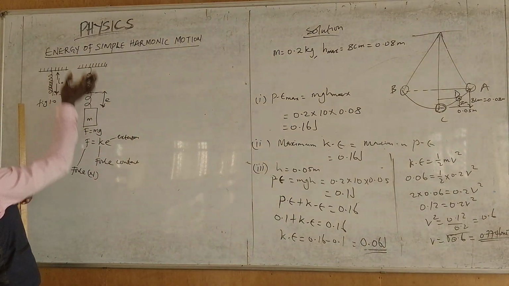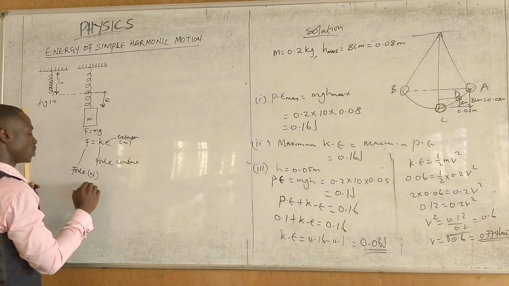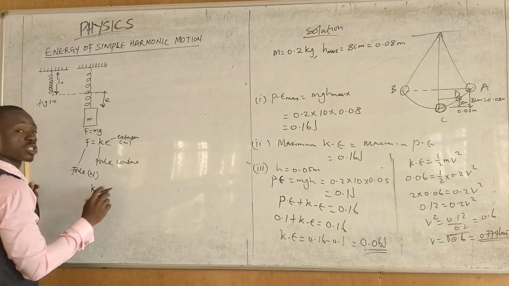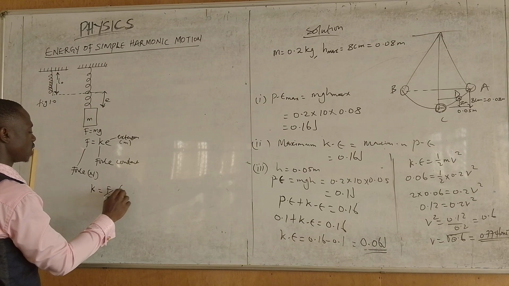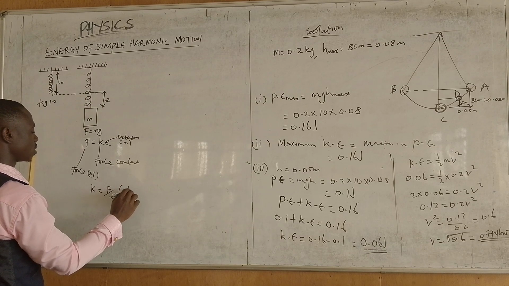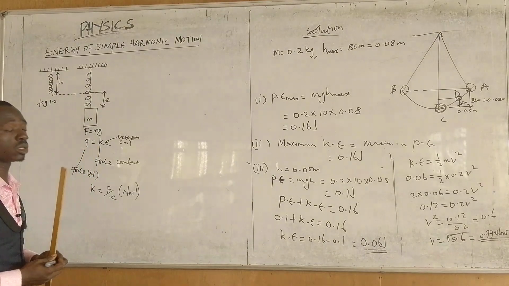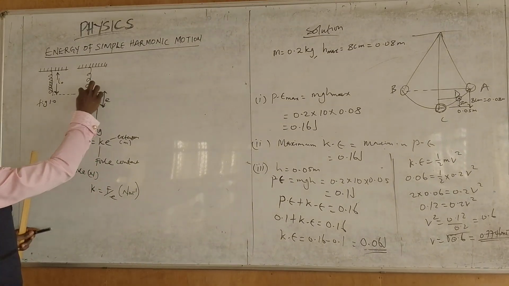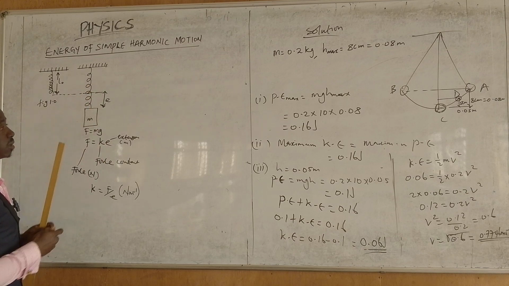In the case of compression, if it's being compressed, it is also in meters. I'm just revising Hooke's law with us. K is going to be equal to F over e, and the unit is Newton per meter.